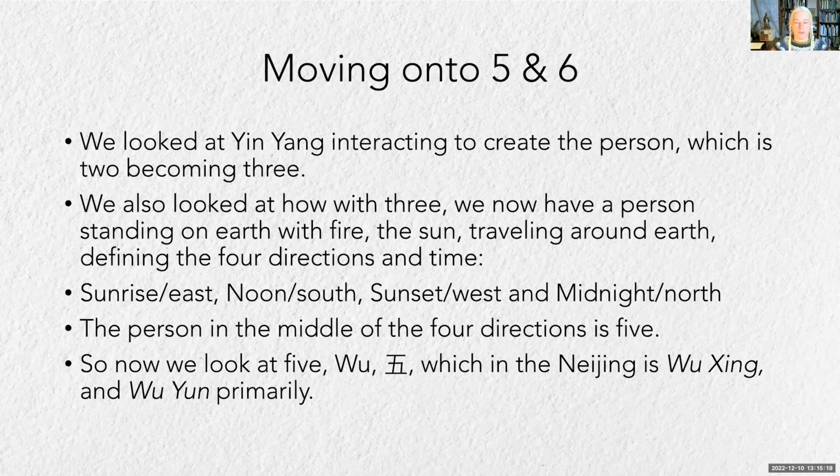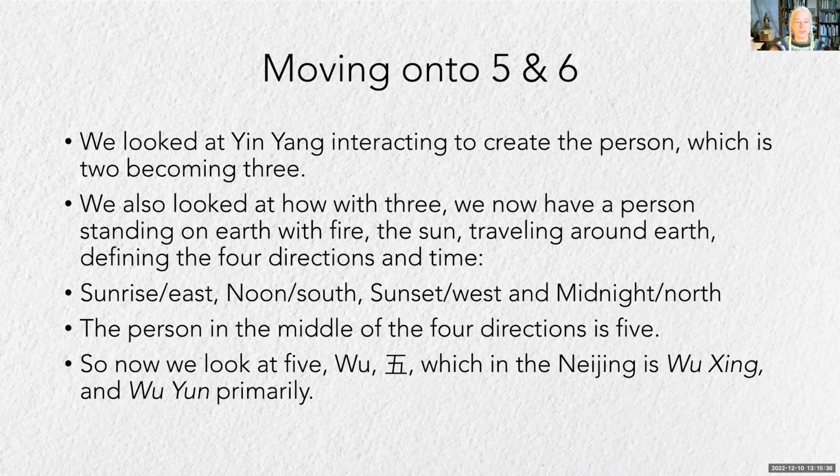So we move from 3 into 4. So you have sunrise in the east, noon in the south, sunset in the west, and midnight in the north. Now we have the person that's in the middle of the 4 directions, and that is 5.